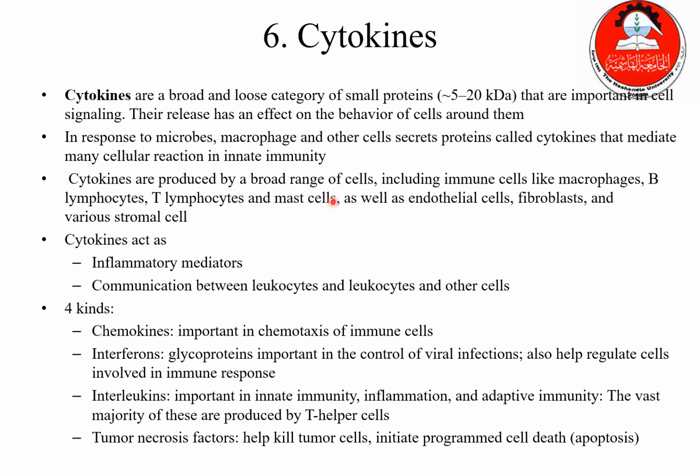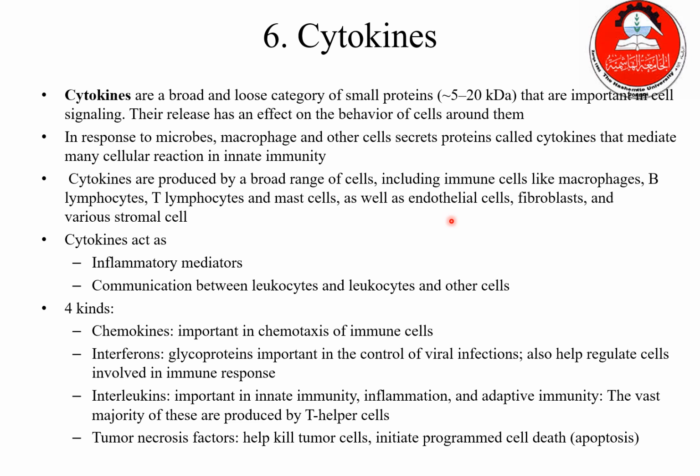Cytokines are produced by a broad range of cells, including immune cells like macrophages, B lymphocytes, T lymphocytes, and mast cells, as well as endothelial cells, fibroblasts, and stromal cells. Cytokines play a role as inflammatory mediators, and they play a role in communication between leukocytes and other cells.